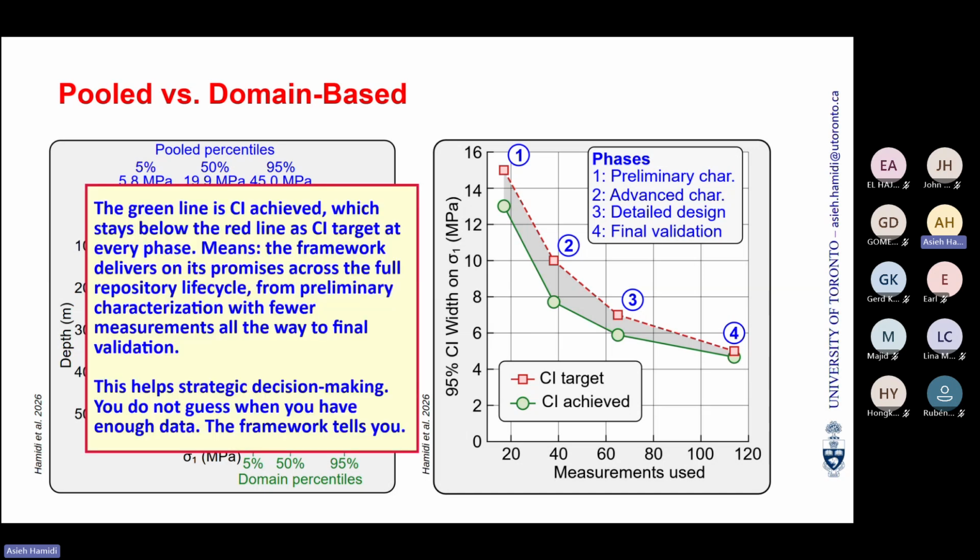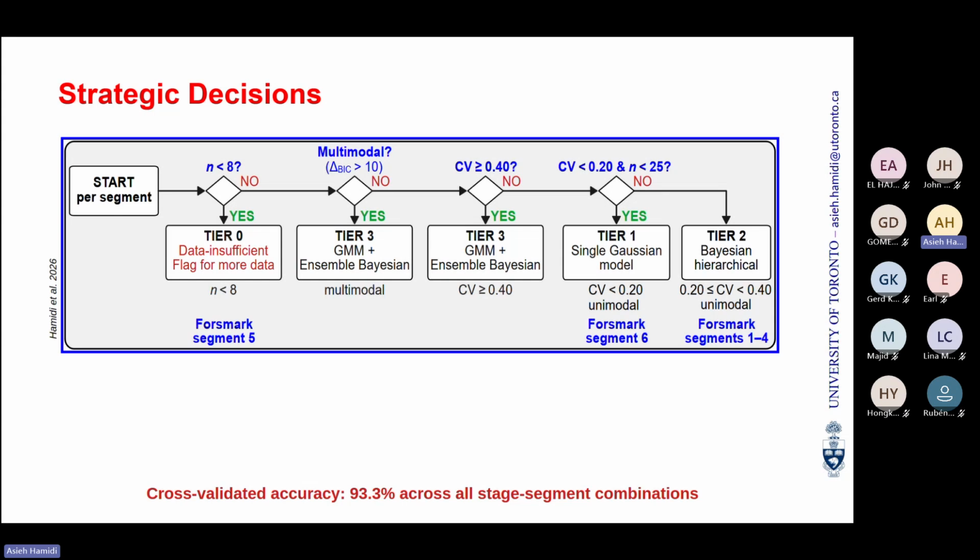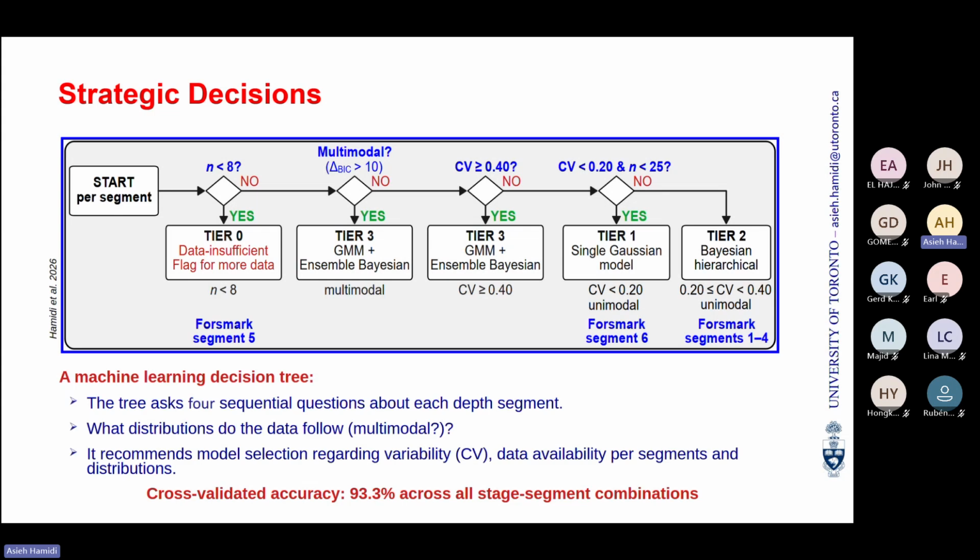Overall, that's what it says: you should do partial pooling, and at all stages and depth segments, you can reach the precision that you need using the data that you already have, without even adding more data. And these are the strategic decisions that you can extract from your framework after everything you have done.